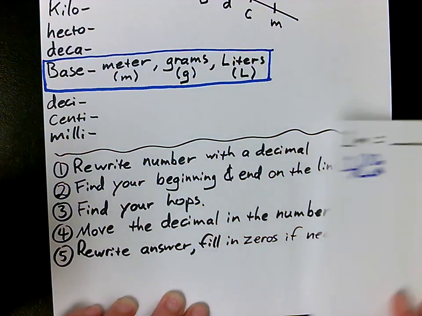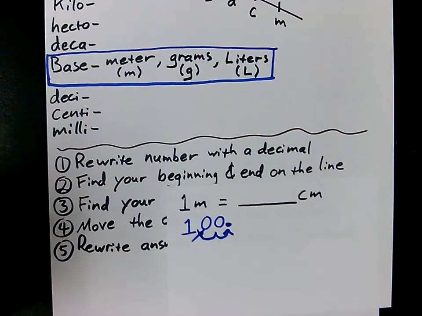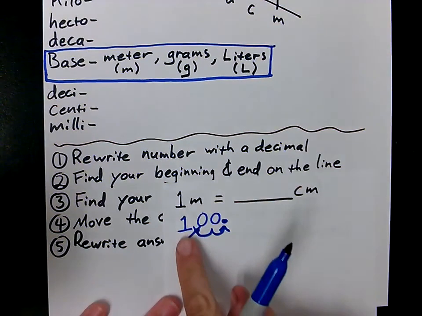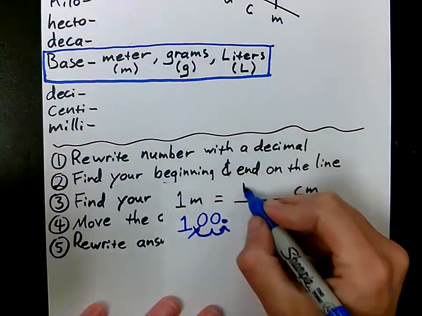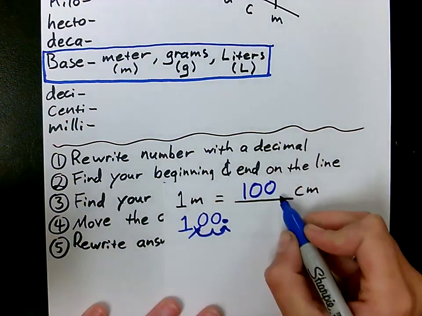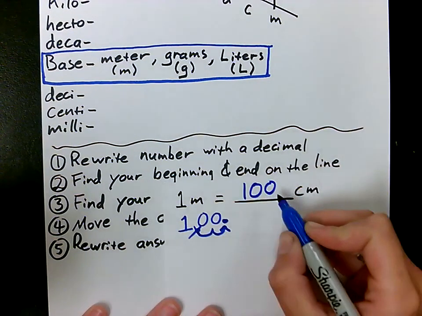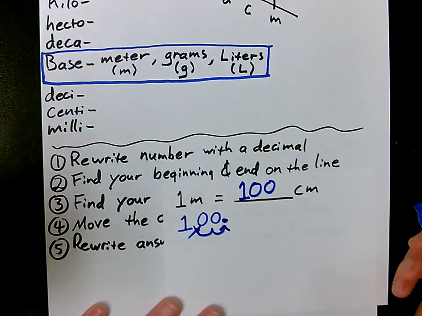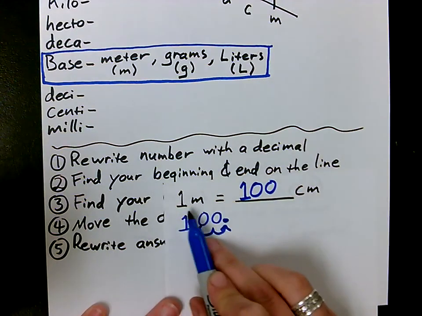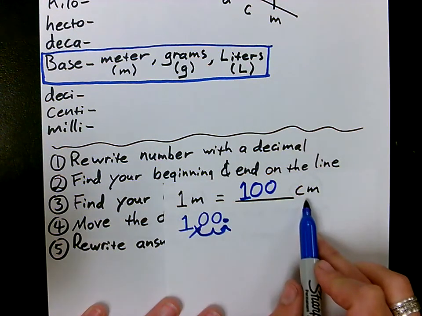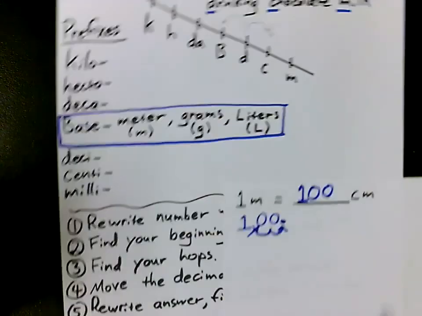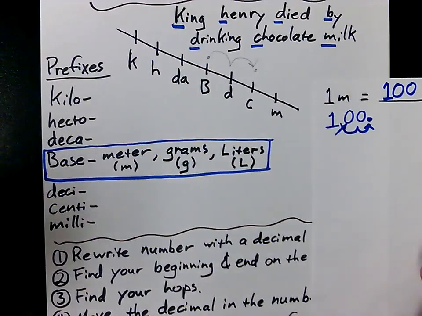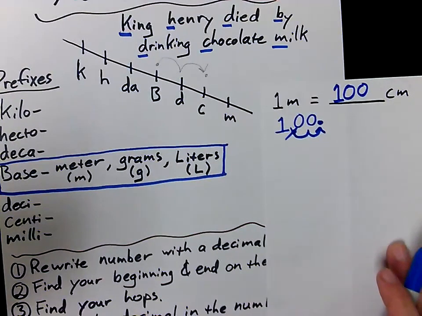All right, so final step is super easy. We've got our 100 decimal, 100. You could put the decimal here, but 100 is really just our final answer there. And you guys already knew that. 1 meter has 100 centimeters, right? You already knew that. But I just used this tool to show that we can find that in a way other than just memorizing the facts.